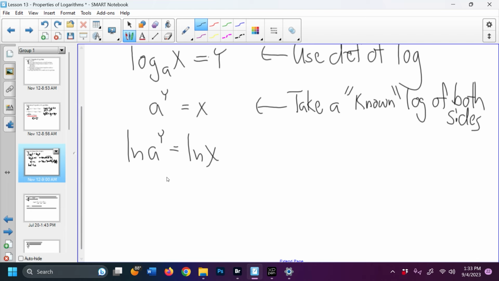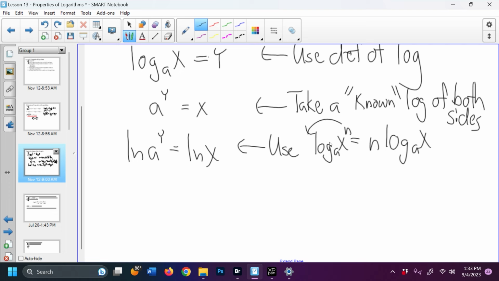Now, because I have this logarithm here, I can use that property and bring this y down in front. I can bring that exponent down front and rewrite that as y times the ln of a equal to the ln of x.